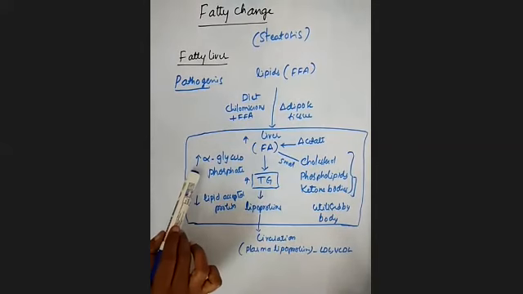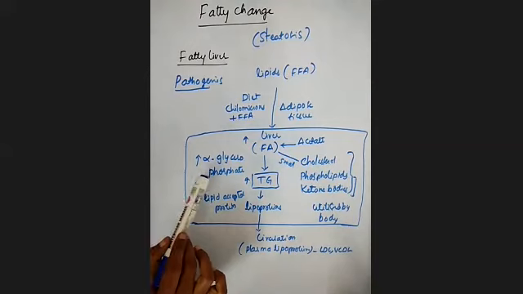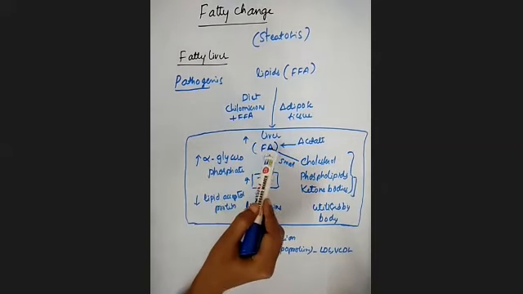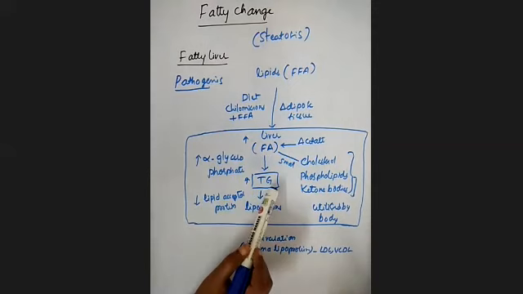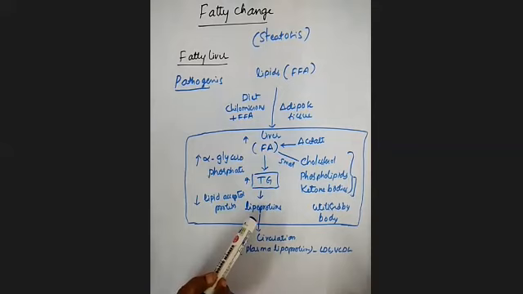And next, if alpha glycerophosphate levels are increased, it will quickly convert these fatty acids into triglycerides. And next, if the lipid acceptor proteins are very few, then the triglycerides that have been produced are unable to convert into lipoproteins.